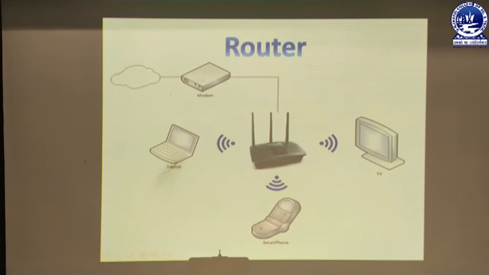You can clearly see in the image over here that the modem is connected to the internet, and when the internet is supplied to the router, the router is no longer connecting all the devices with wires or cables.